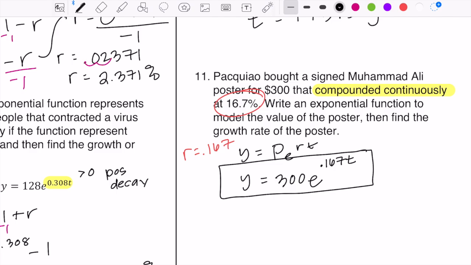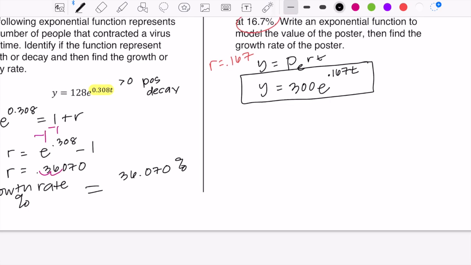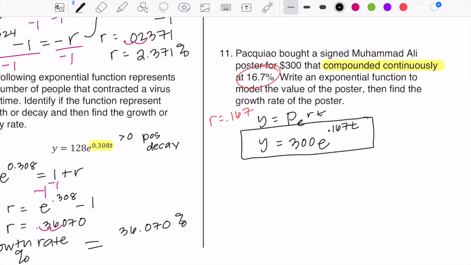And then it's asking you to find the growth rate, which is like 6 and 7. So because we have an e in it, we can find the growth rate. And so the way we do that is because 0.167 is positive, we know this is a growth. So it's going to be 1 plus R. So e to the 0.167 equals 1 plus R. And then we're just going to subtract 1.